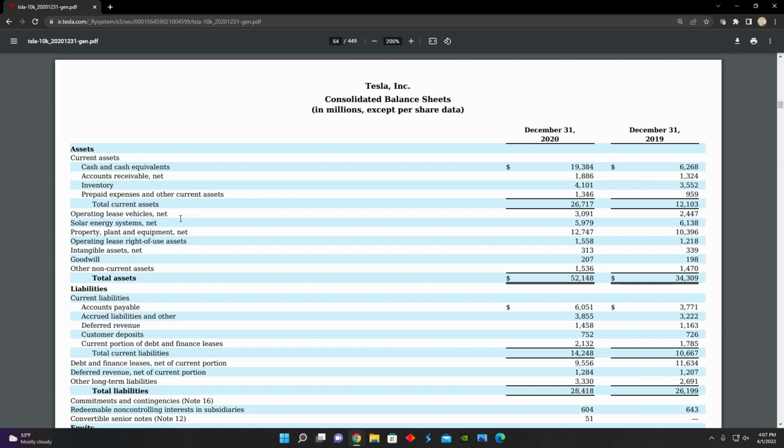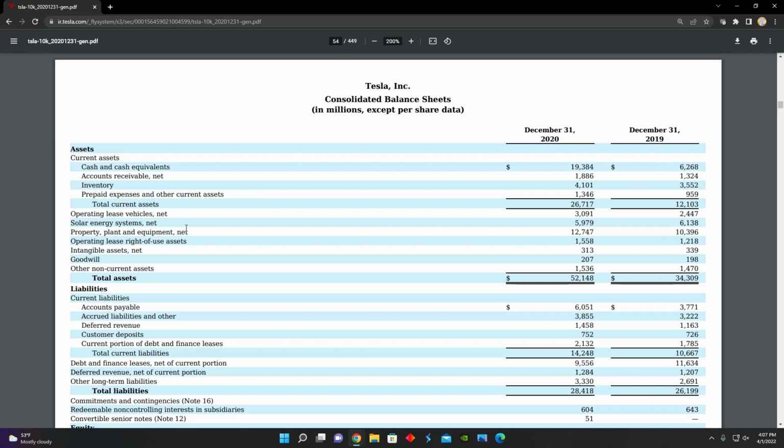They're recording these lease vehicles at cost, and then they're depreciating them over time using a straight line depreciation method that's basically just depreciated over the contractual period for whatever the contract was for the individual lease agreements with their leasing partners. So you just take the cost of the vehicles minus the depreciated amount of those vehicles, and that gives them the operating lease vehicles net.